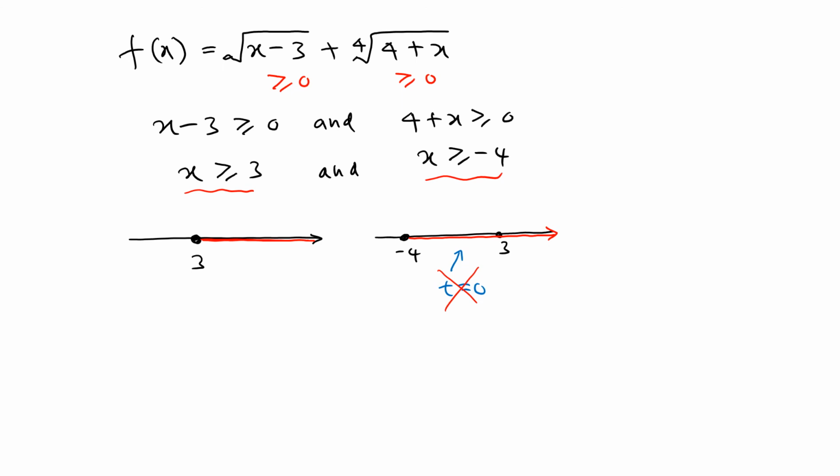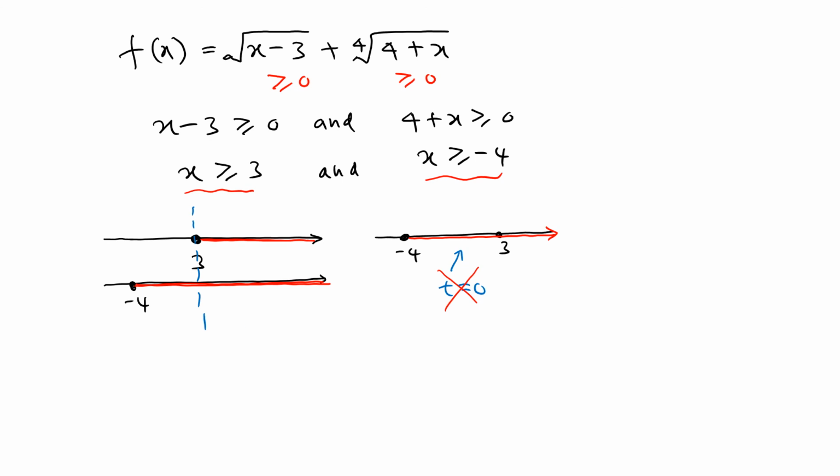The other way to do this is to draw one line below the other. It's not to scale. So I'm going to call it negative 4. Now you can see that we can look for the common region. We draw this like that, and you can see the common region starts here.